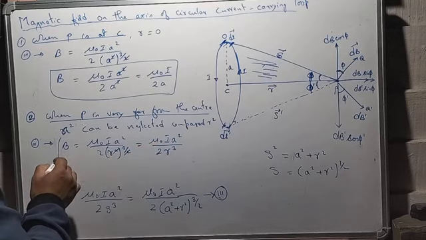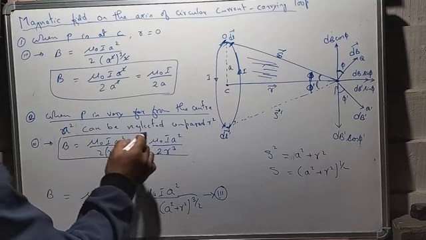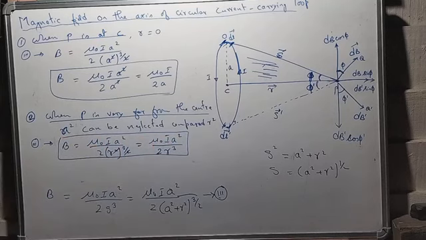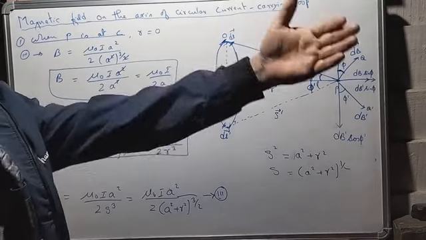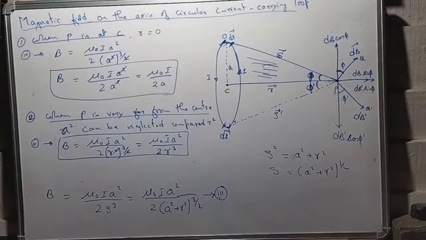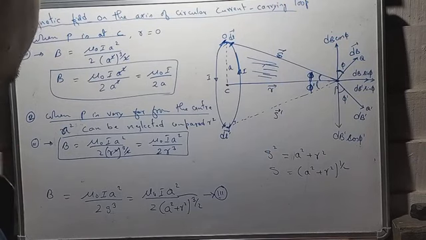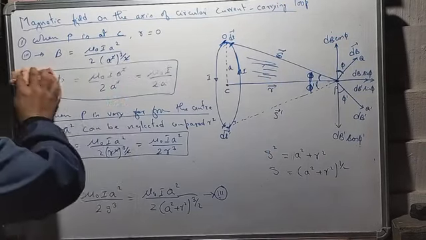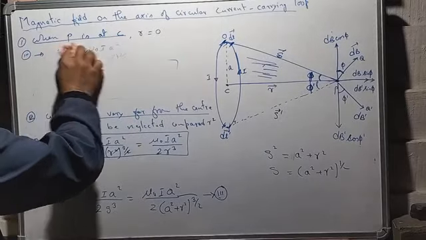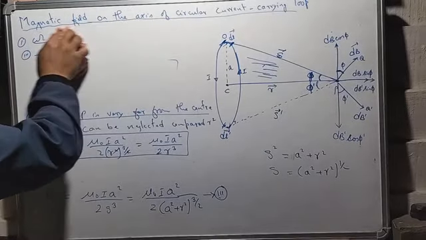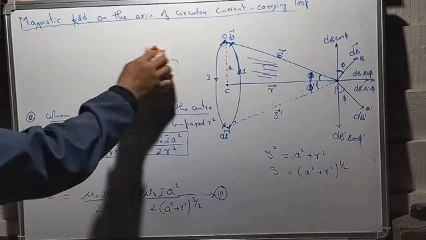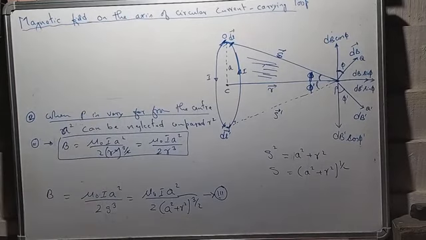So this is my equation for the magnetic field on the axis of the loop in which the point P is very far from the center of the loop. So that is my third special case. And the fourth special case here is when the point P is at a distance equal to the radius of the loop.